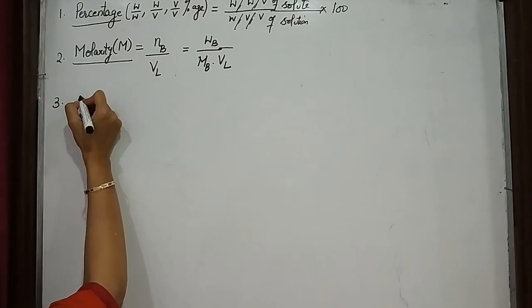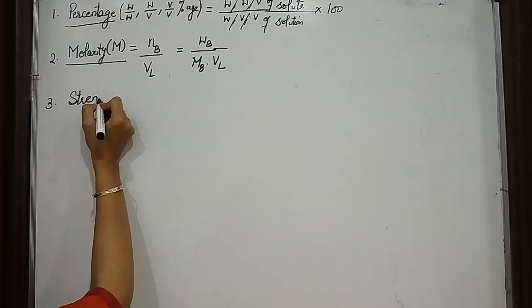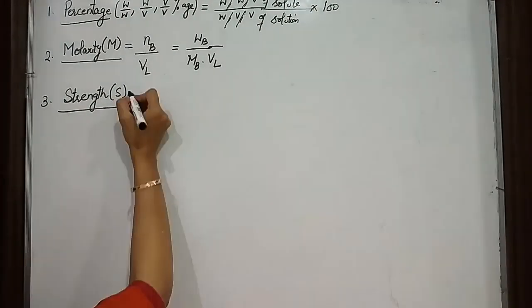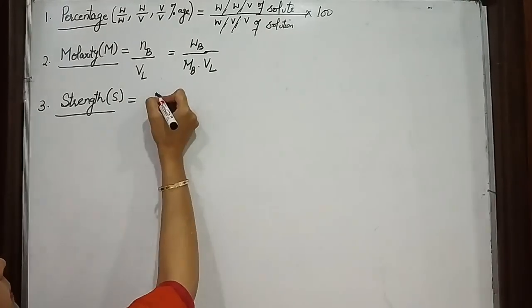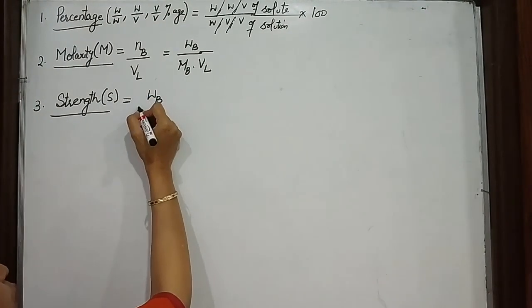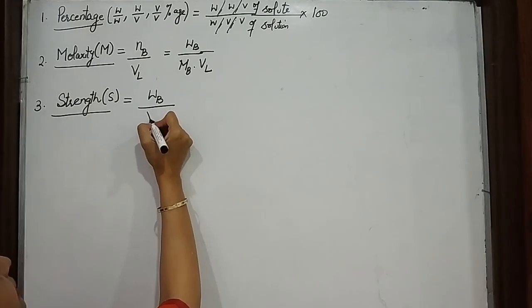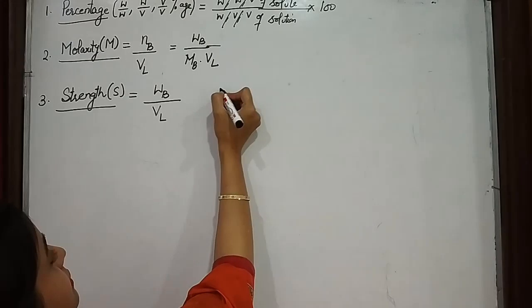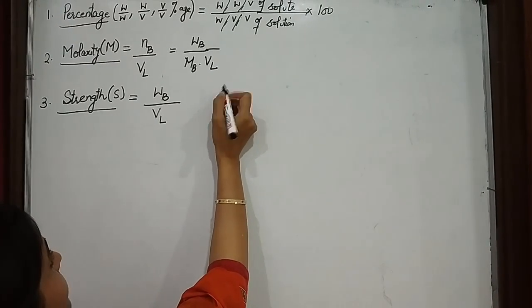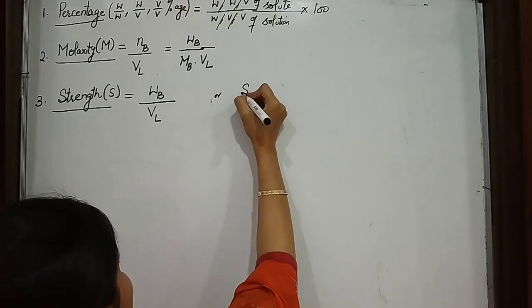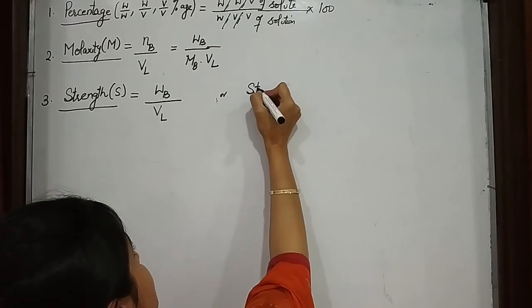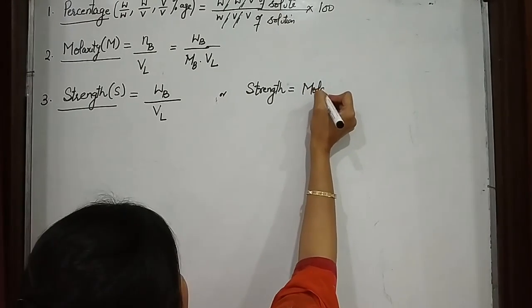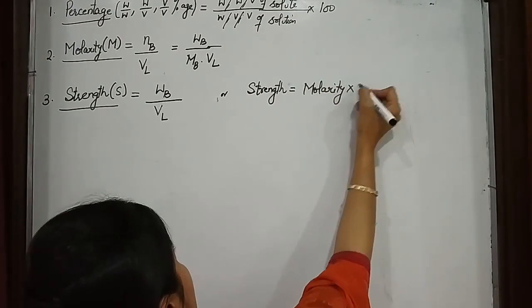Third, we did strength, which is represented by S. It is the mass of solute present per liter of solution, VL. One more relation I told you, that is the relation between strength and molarity: strength is equal to molarity into molecular mass or molar mass.